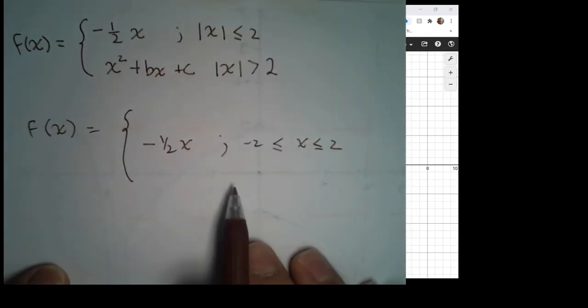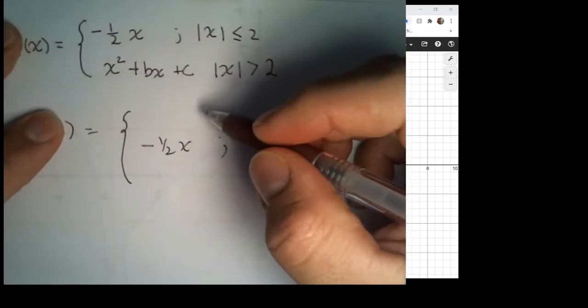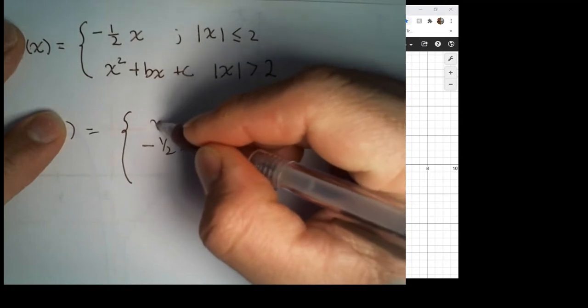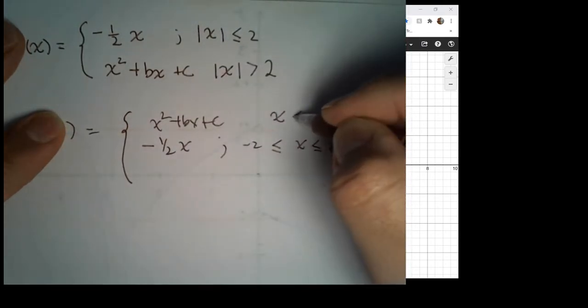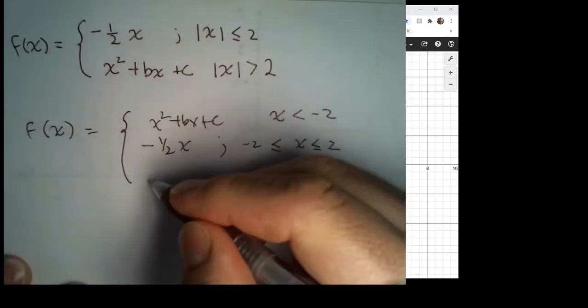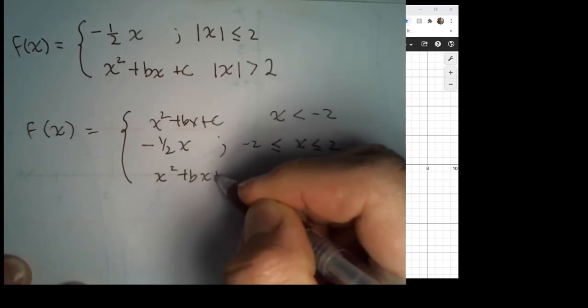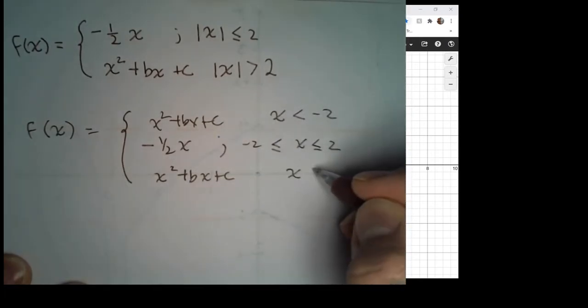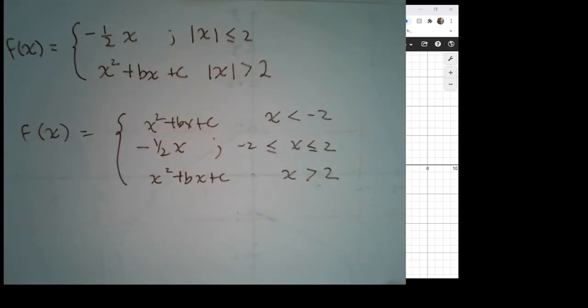I wrote it in the middle just so it looks like our graph. On the other side we'll have x squared plus bx plus c for x less than negative 2, on the left side. And on the right side of 2, the parabola is part of the graph again, where x is bigger than 2.